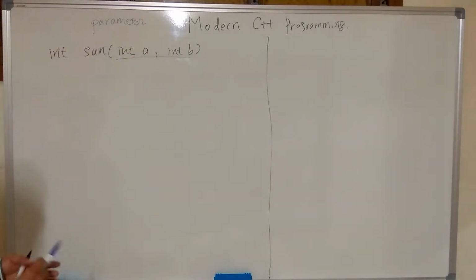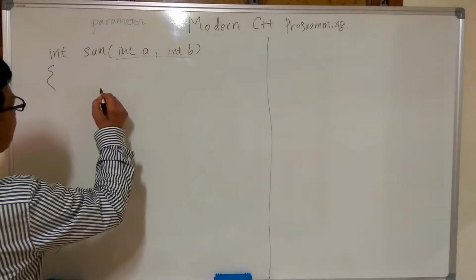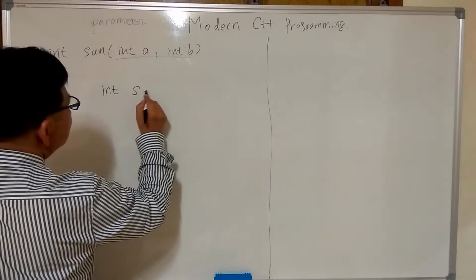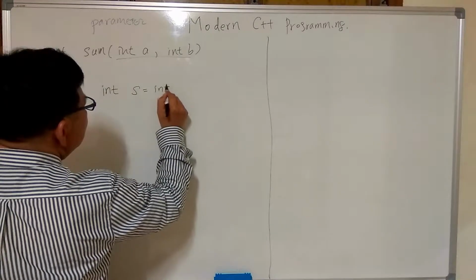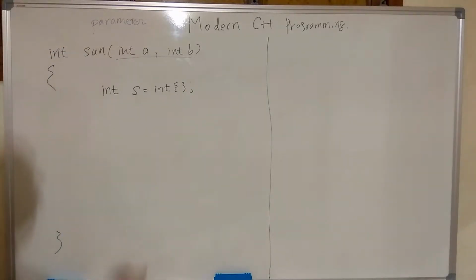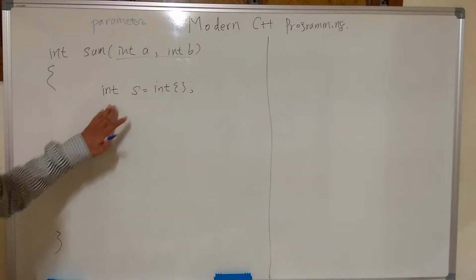Okay. Say then I make a simple function, like I introduce int as int. I initialize with the default value. I declare the variable S and initialize it with the default value of int.